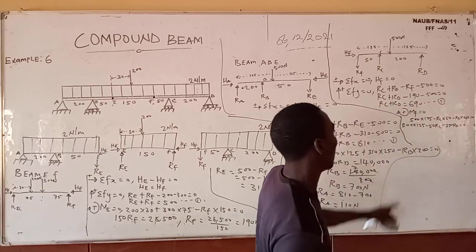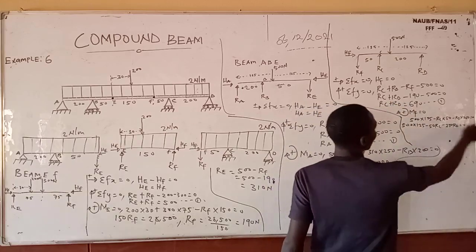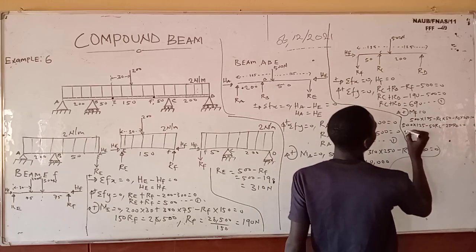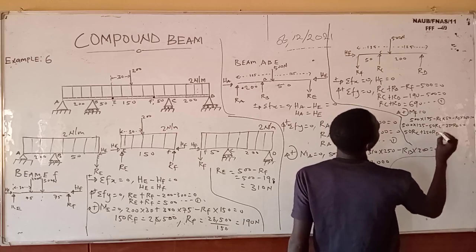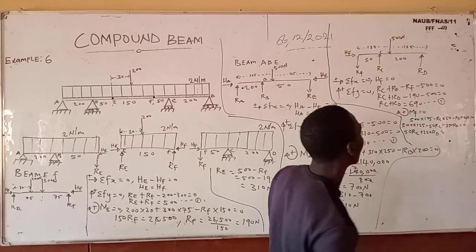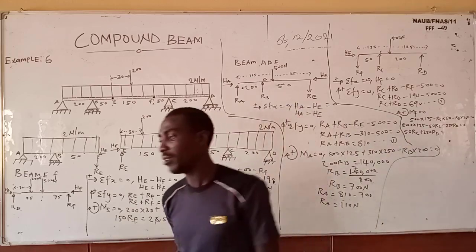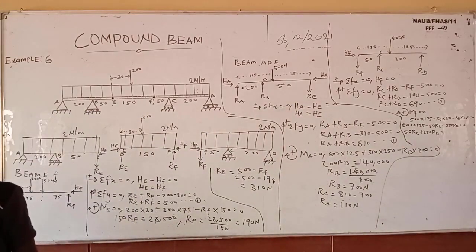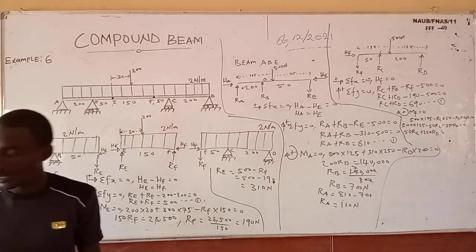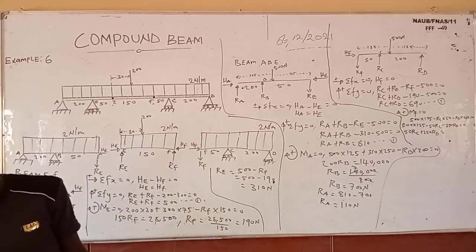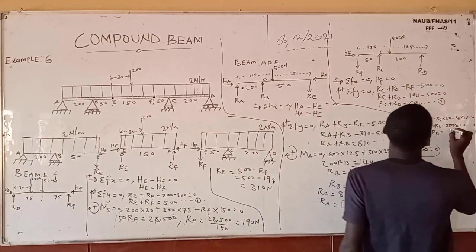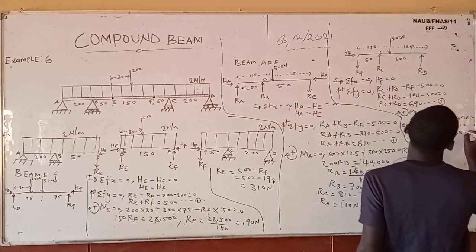So what we are going to do now is to move these two to the other side. That will be positive. So it's going to be 50 ROC plus 250 ROD equals 500 times 125. 500 times 125 is 62,500.